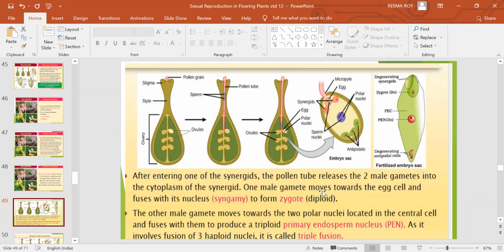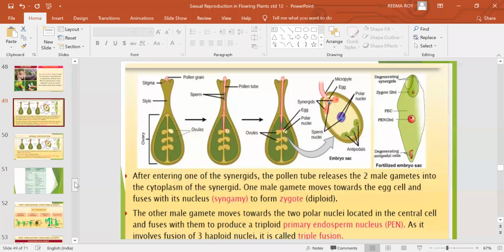One male gamete moves towards the egg cell and fuses with its nucleus, called syngamy, to form a zygote. Another male gamete moves towards the two polar nuclei located in the central cell and fuses with them to form a triploid primary endosperm nucleus, PEN. As it involves fusion of three haploid nuclei, it is called triple fusion.